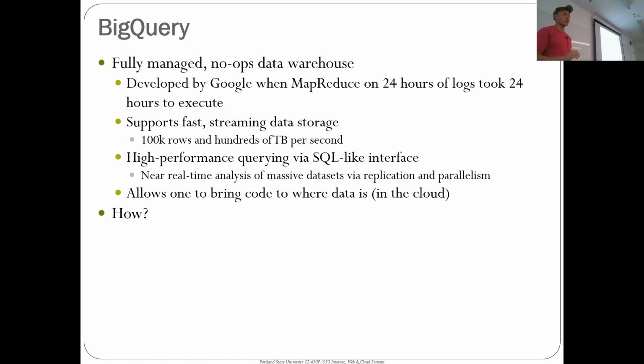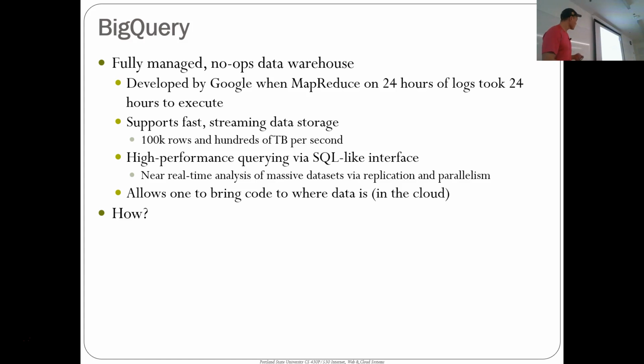that's transparent to you. And then if you are kicking off hundreds of queries against your data set, it'll do the replication, and it'll also spin up the server resources required for you to then get that querying throughput. So just like the previous serverless stuff that we talked about, this is basically a serverless data warehouse. And so it's been architected. You can insert 100,000 rows per second and hundreds of terabytes per second because of the way it's been architected for this application.